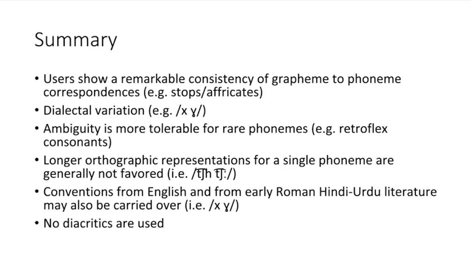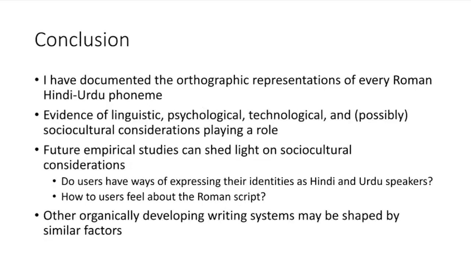So that's a technological consideration of choosing what is easiest to type. So we've seen linguistic, psychological, and technological considerations here. Possibly sociocultural considerations as well, with showing that dialect variation.